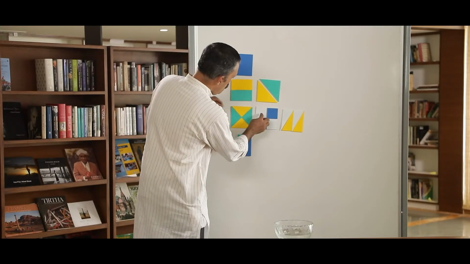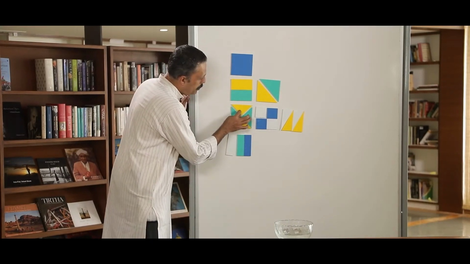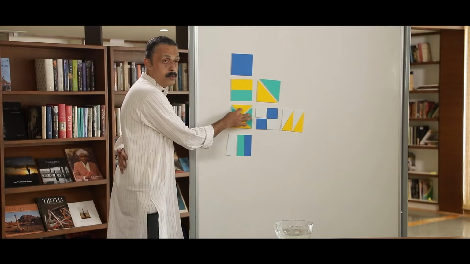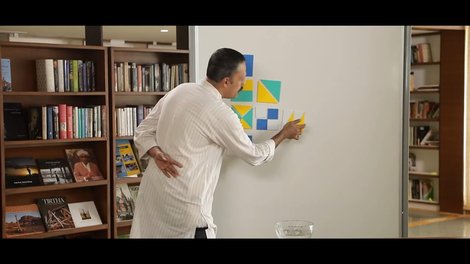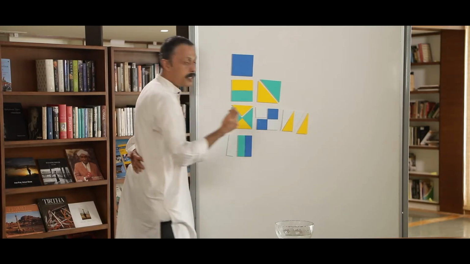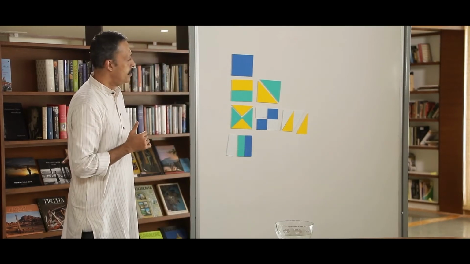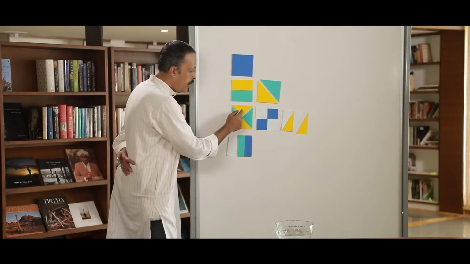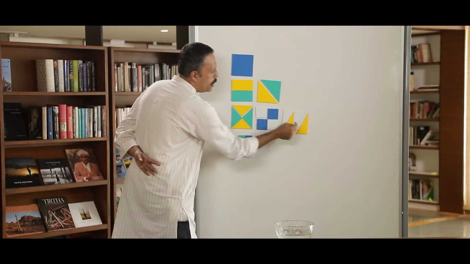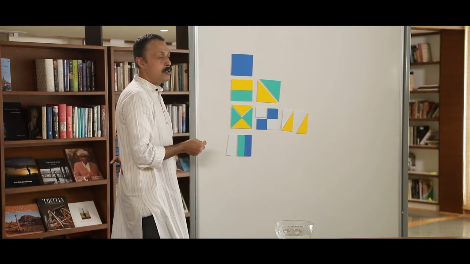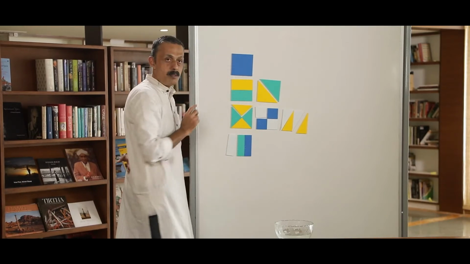This particular piece, we call it 1 in 4. This is also called 1 in 4. This is also 1 in 4. That is, all these four parts have come from the same full object.